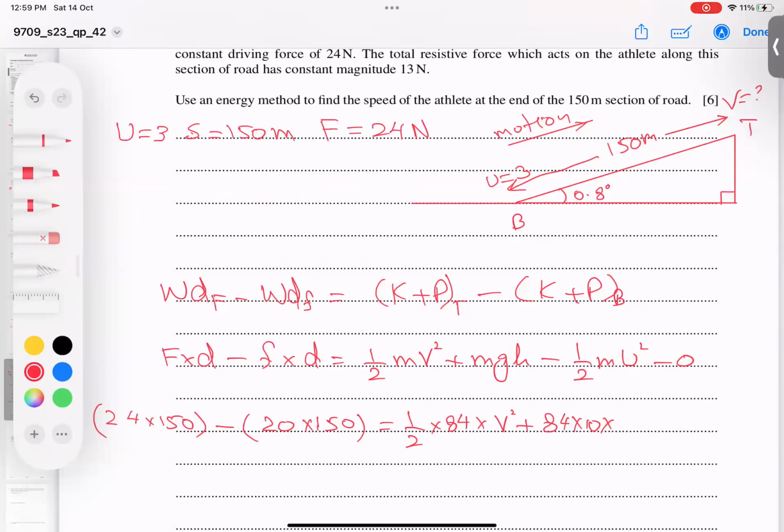I will make a right-angle triangle here.